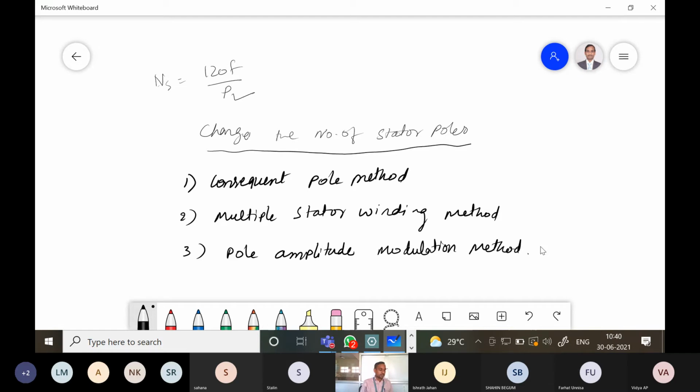What are these things? Consequent pole method.